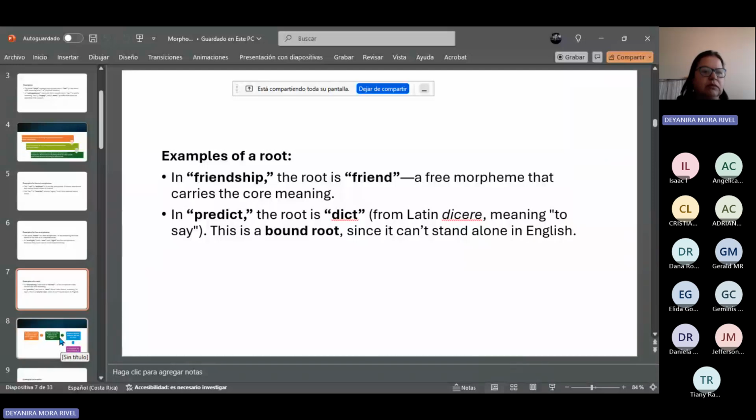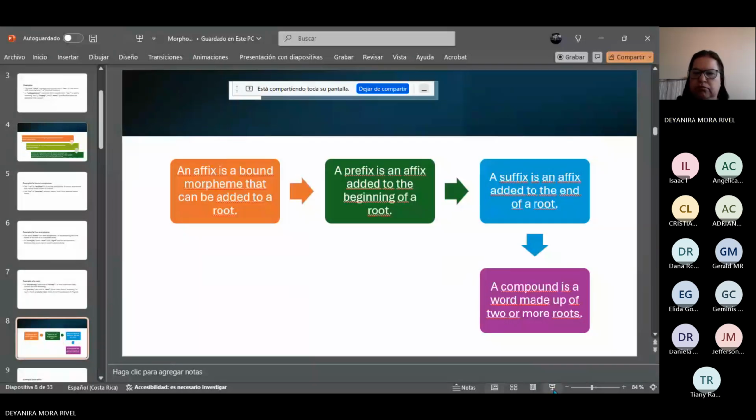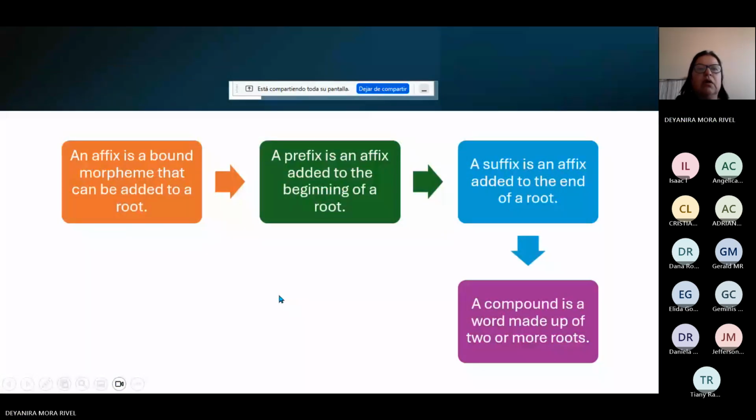Okay, so this is something that you know. An affix is a bound morpheme that can be added to the root. So this is the general term. We can talk about affixes, which are bound. See that we said bound.